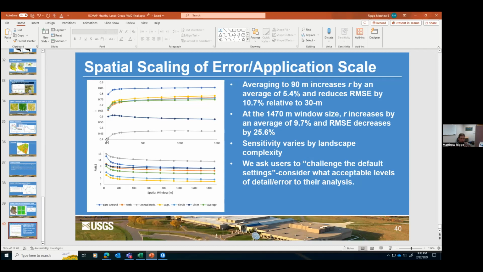So the point here is that error does reduce as you look at a bigger and bigger window. You consider more and more pixels of information, because there are oddball pixels, there are weird results here and there, and as you average more, as you get a more complete census of what's going on, you're going to get more accurate results.